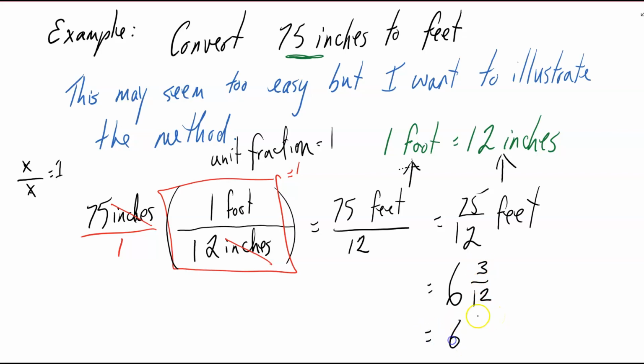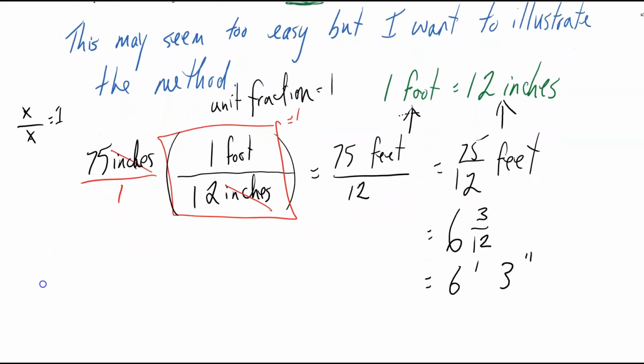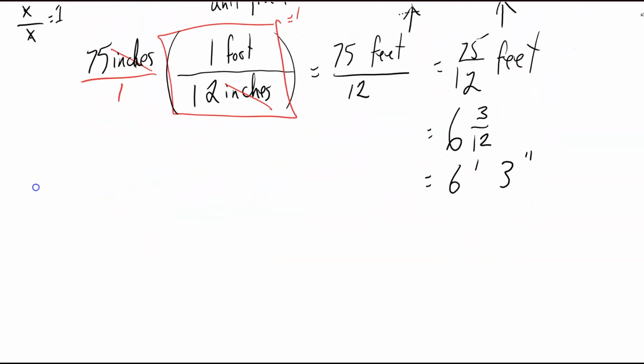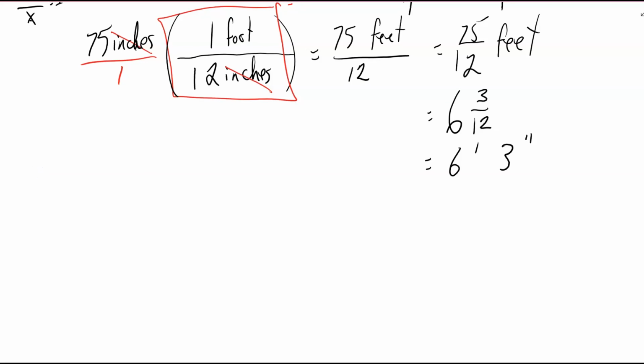So this is 6 feet, 3 inches. Because 3 inches out of 12, there are 12 inches in each foot. 3 of them are here. And there's the conversion. If you want to leave it as a decimal, this 3 twelfths would reduce to 1/4, or 6.25 feet.